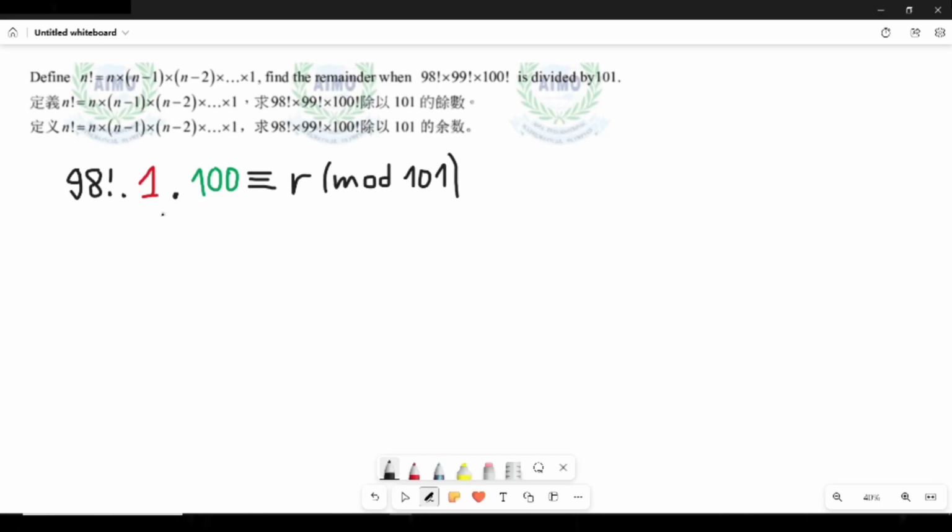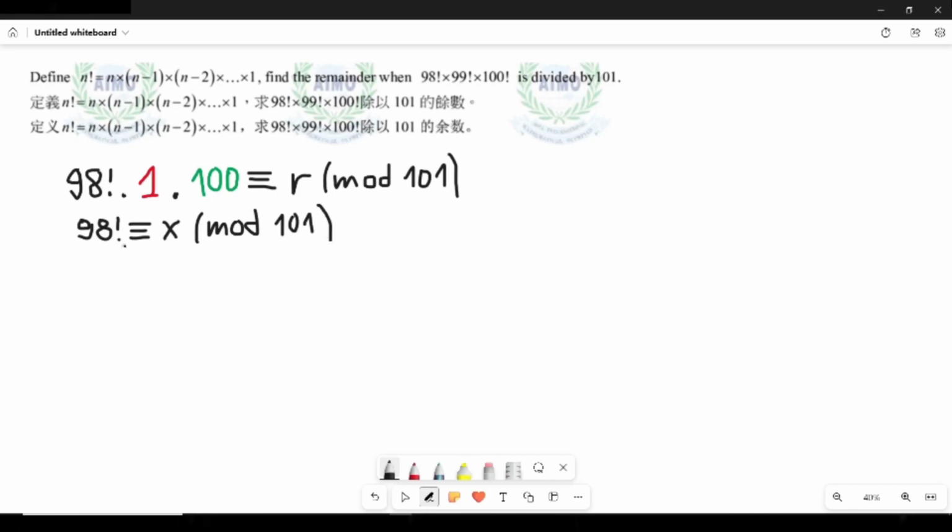To see what is going to happen with 98 factorial, we simply write 98 factorial is congruent to x, where x is the remainder we need, because that will be the final answer, modulo 101.